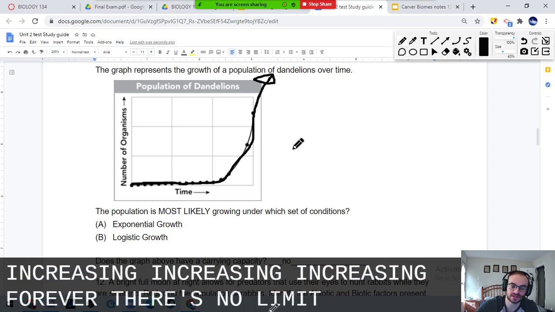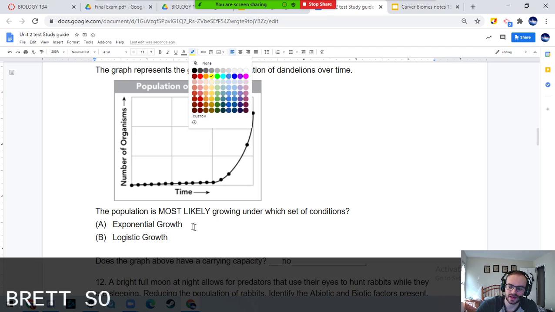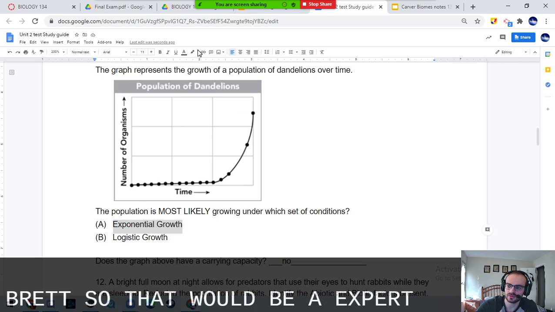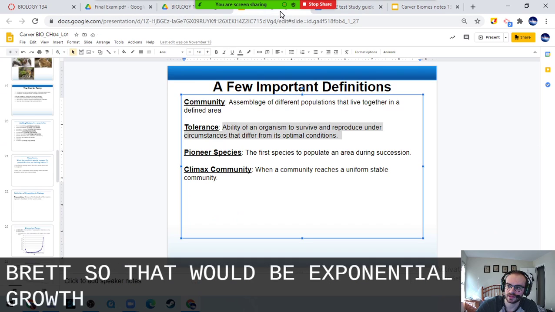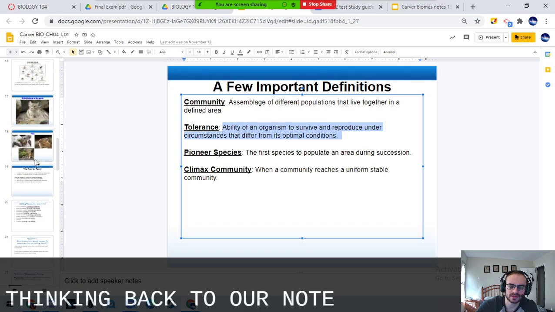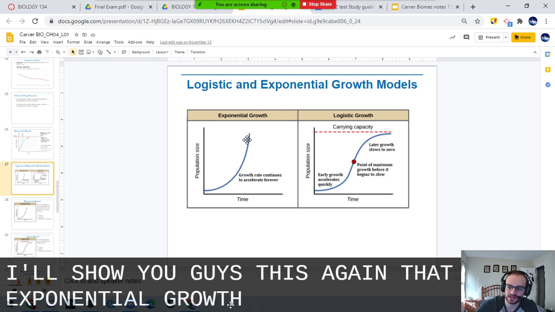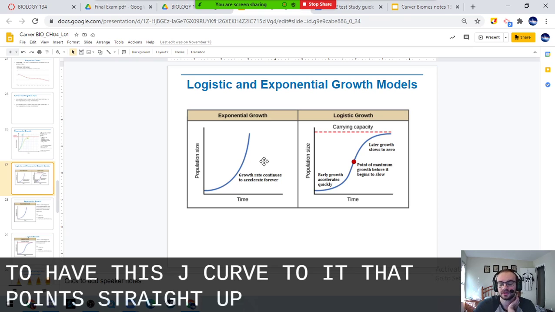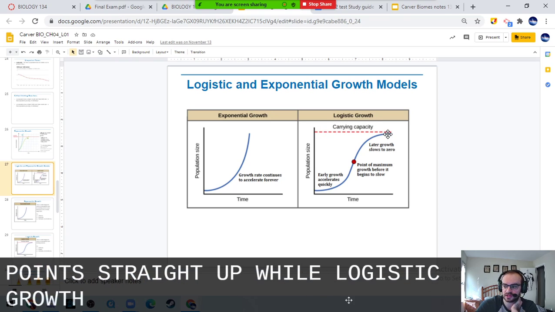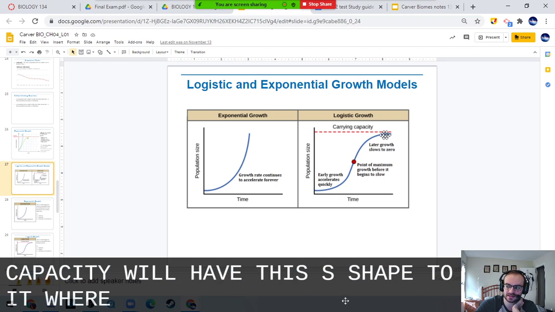There's no limit to it. So that would be exponential growth. Thinking back to our notes, and I'll show you guys this again, exponential growth is always going to have this J curve to it that points straight up, while logistic growth, which has a carrying capacity, will have this S shape to it, where it flattens out.